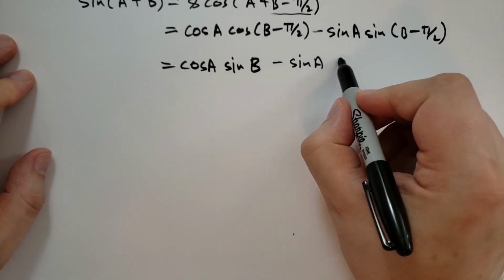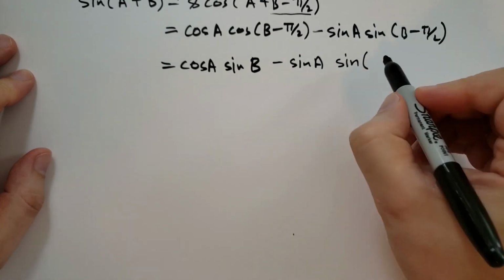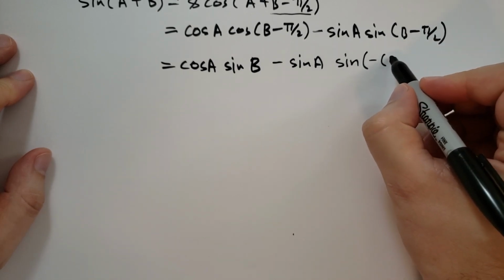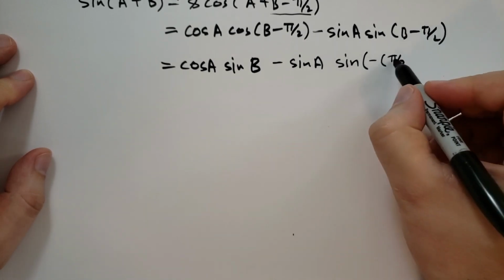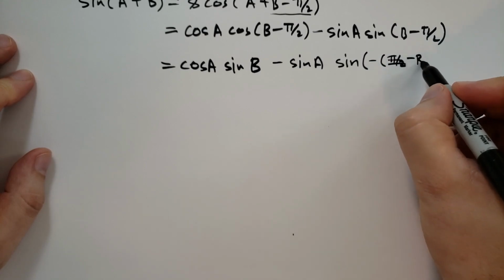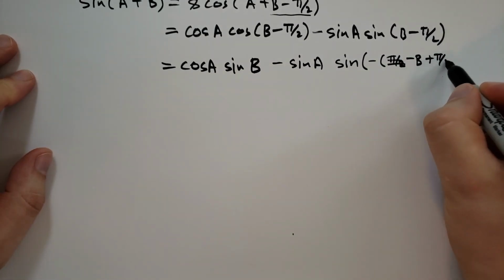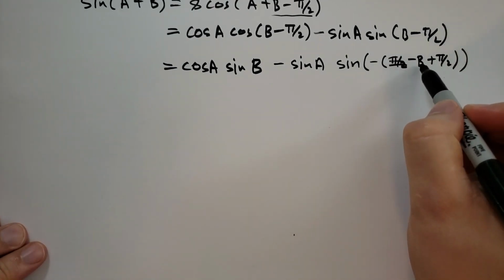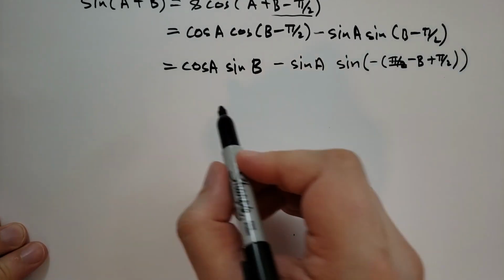What I'm going to do here is take sine of minus, and I have to flip the signs here, so it's going to be minus B plus pi over 2. Okay? So I took a minus sign out, which turned the B negative and the pi over 2 positive.